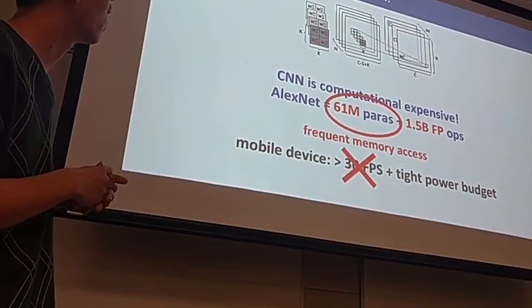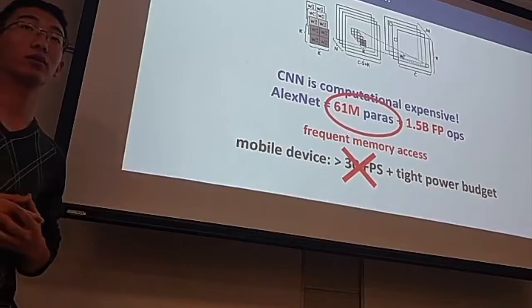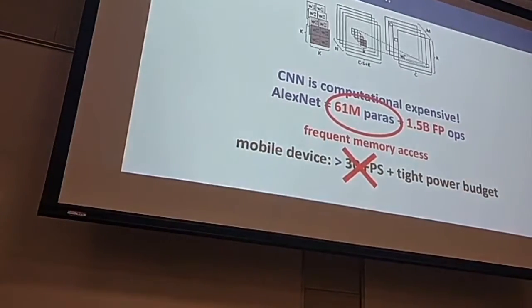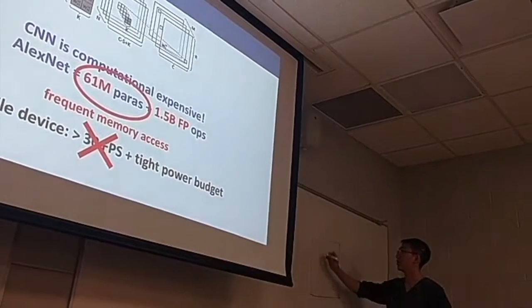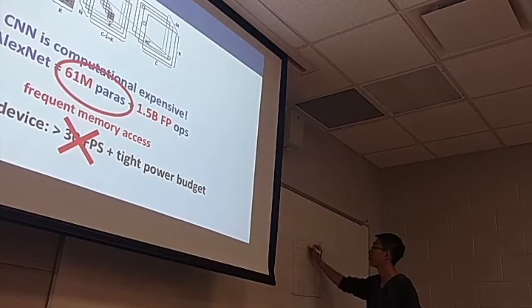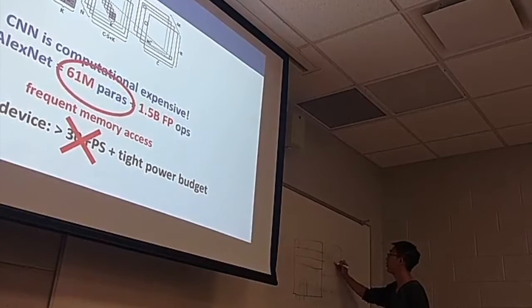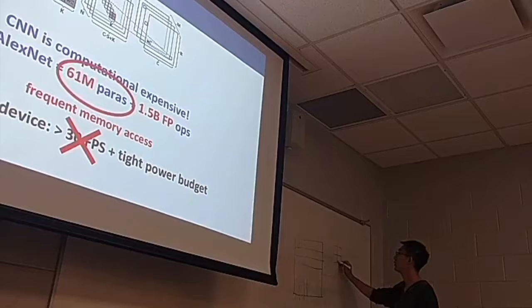If you want to do a convolution, I can draw on the board. This is the input image. Now this is a pixel. This is your kernel. Maybe it's 2 by 2.